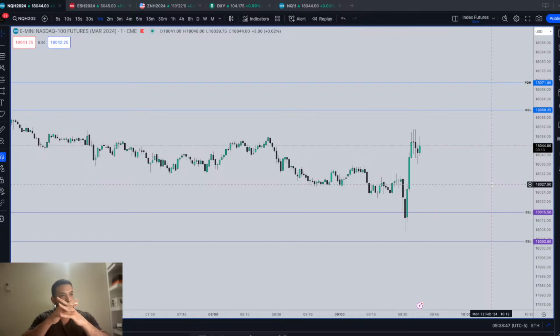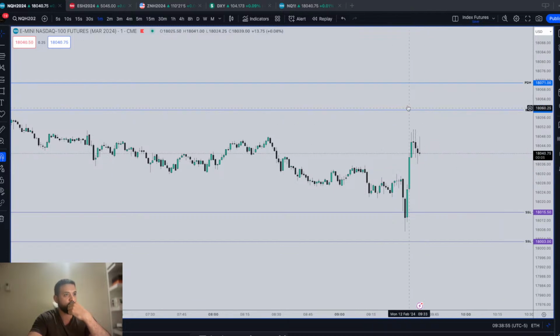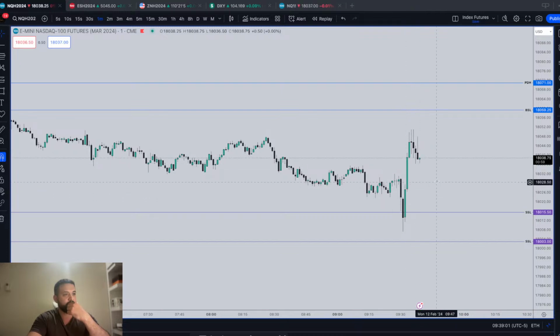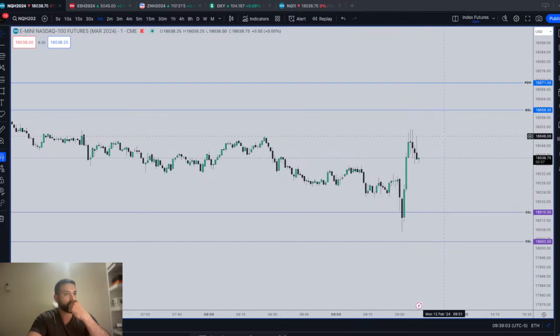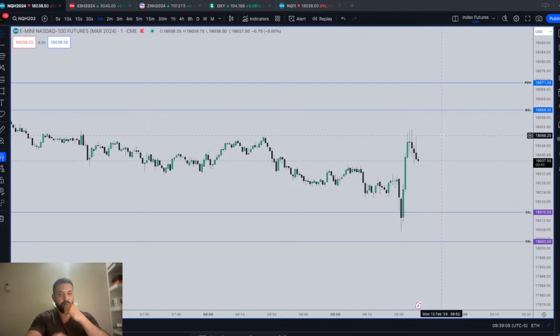So I'm not really liking to take any trades right now. Why? Because it's Monday. This is still the opening range. We've taken short-term buy side. Yes, there's more buy side liquidity up here and here, but it can easily retrace deeper and retest these levels. I mentioned that on Monday I like to look for low-hanging fruit and get out.